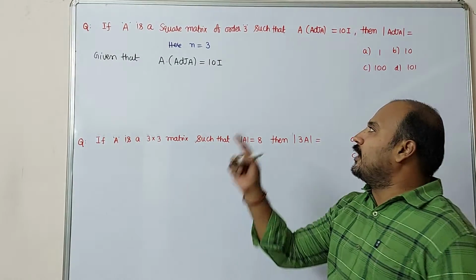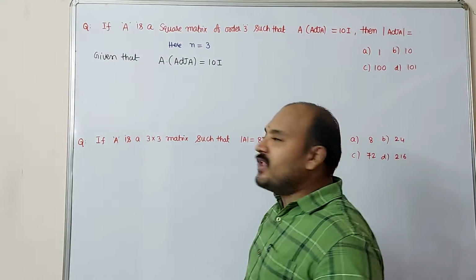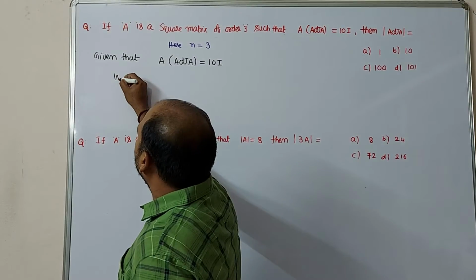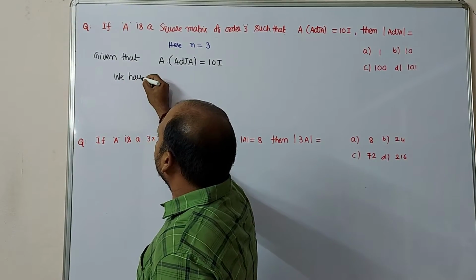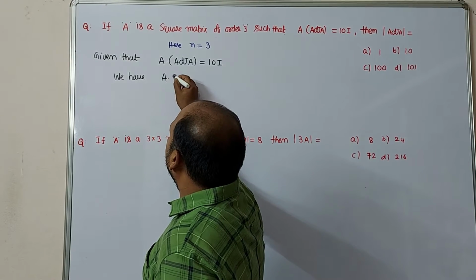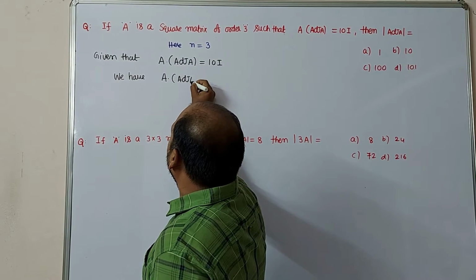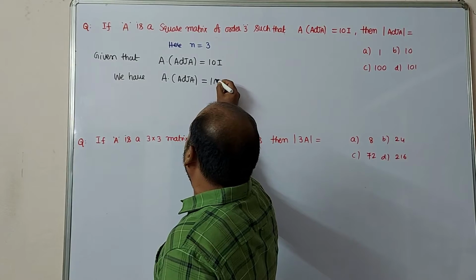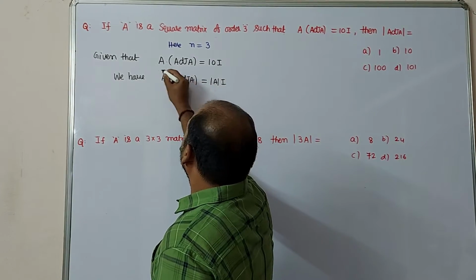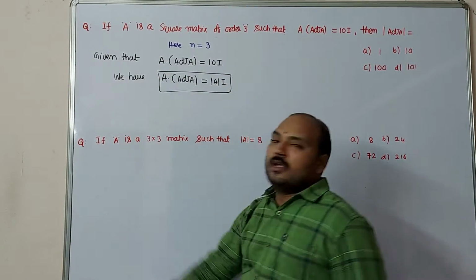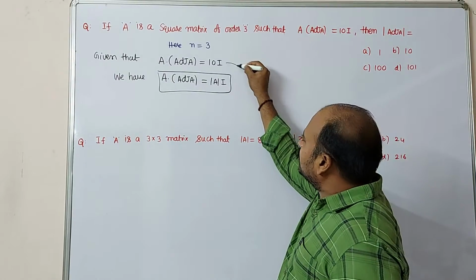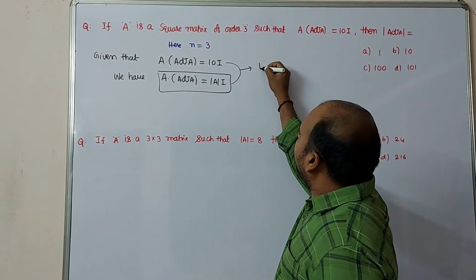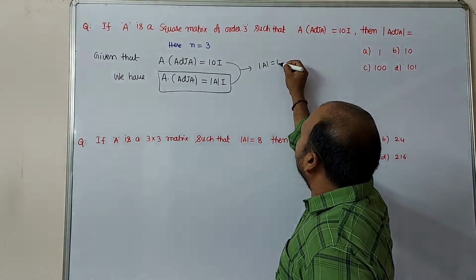We know the standard formula: A into adjoint A is equal to det A into I. So this is the important result. By comparing these two results, you will get det A is equal to 10.